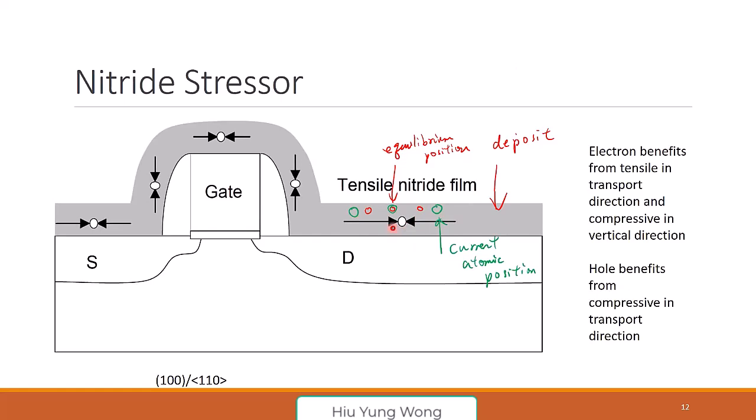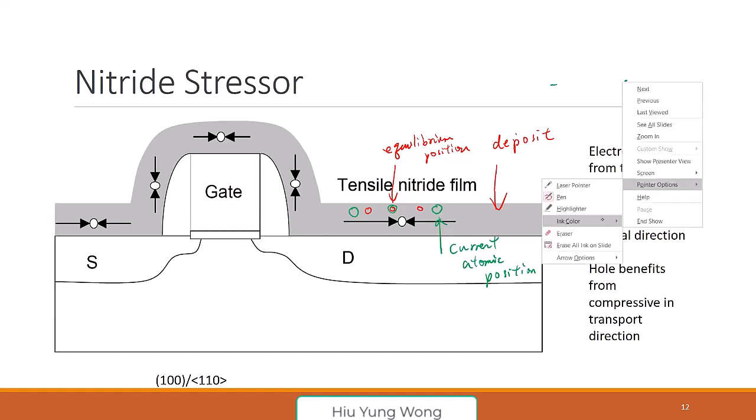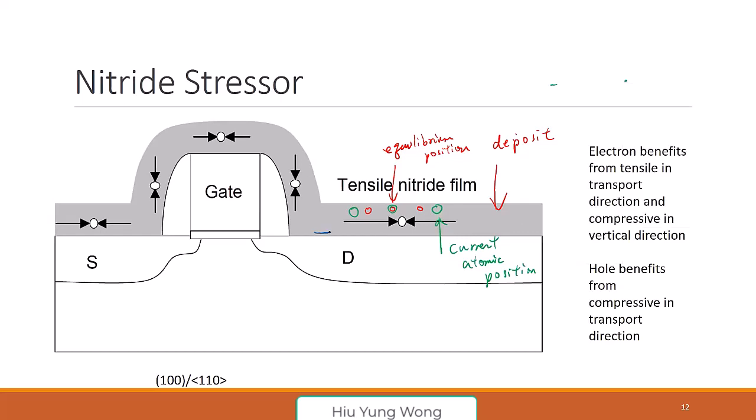So if I try to restore to the original position, I have a force trying to push this up to here. Other sides also, but let's ignore this one. We don't care because there's just a force pushing to here on the silicon. Similarly, this side also has a force trying to pull to here. So as a result, what happened to our channel? Is it being pulled away or being pushed, compressed?